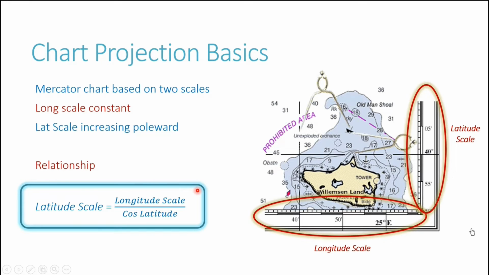It is a very important formula as far as the chart projection basics or chart projection numericals are concerned. In this formula, if you have the latitude scale, using the formula you can find what will be the longitude scale and vice versa. If the longitude scale is known to you, the latitude scale can be easily calculated.